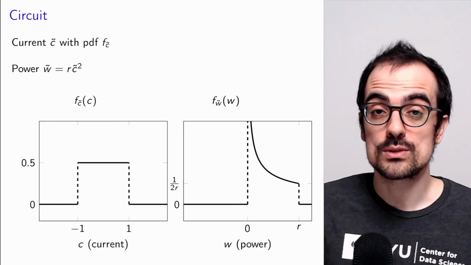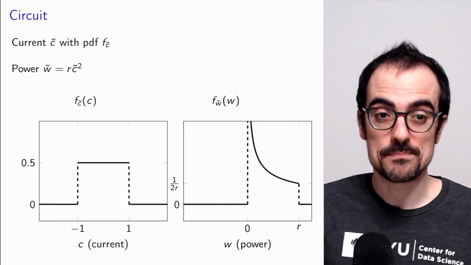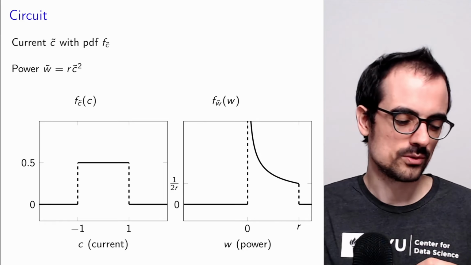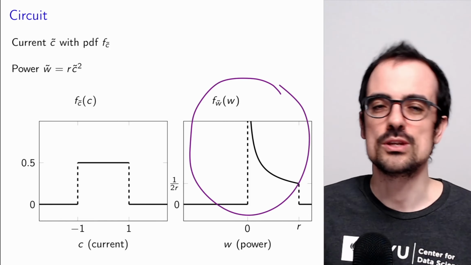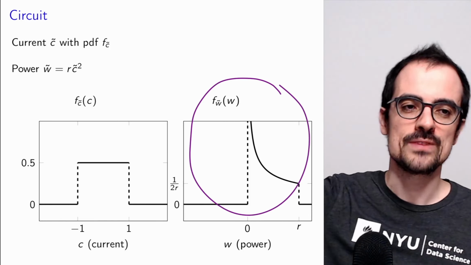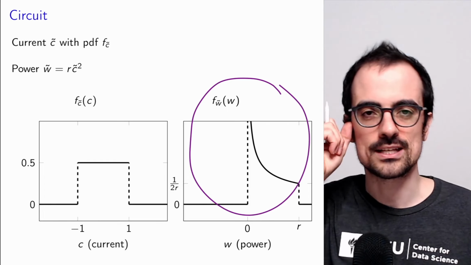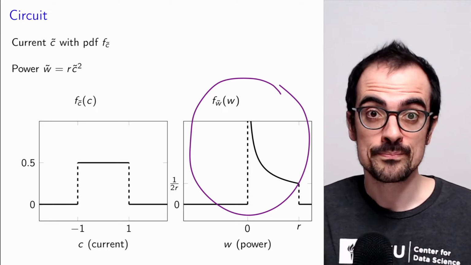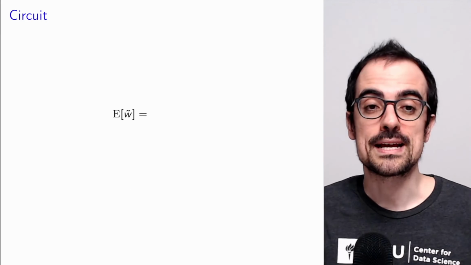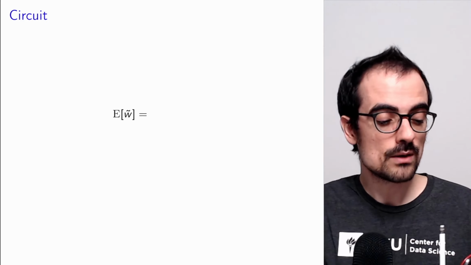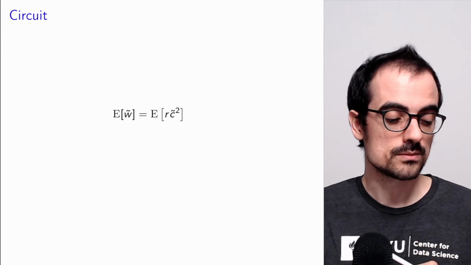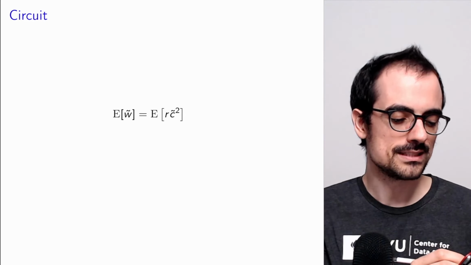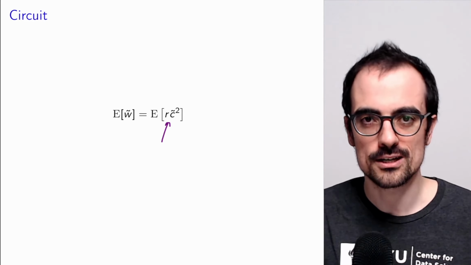So what if we are only interested in the mean of the power, and we don't want to have to derive this PDF? Remember that the way you derive it is you compute the CDF in terms of C, and then you differentiate and so on. Imagine that we don't want to do any of that. We can actually compute the mean directly. How do we do that? We apply our formula. The mean of the power is the mean of this deterministic function of the current.